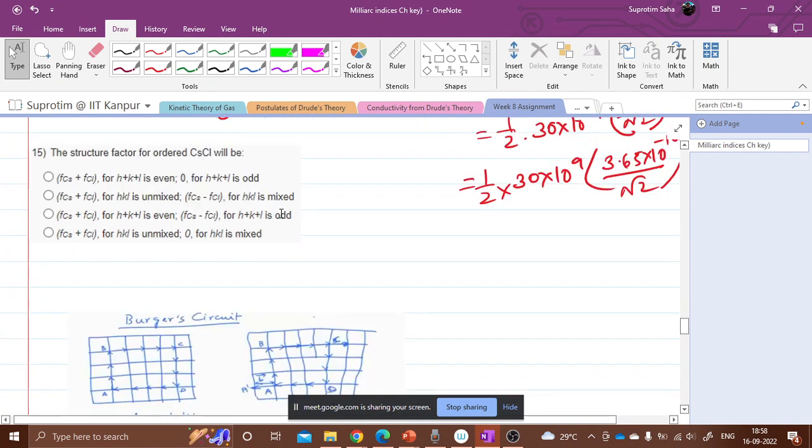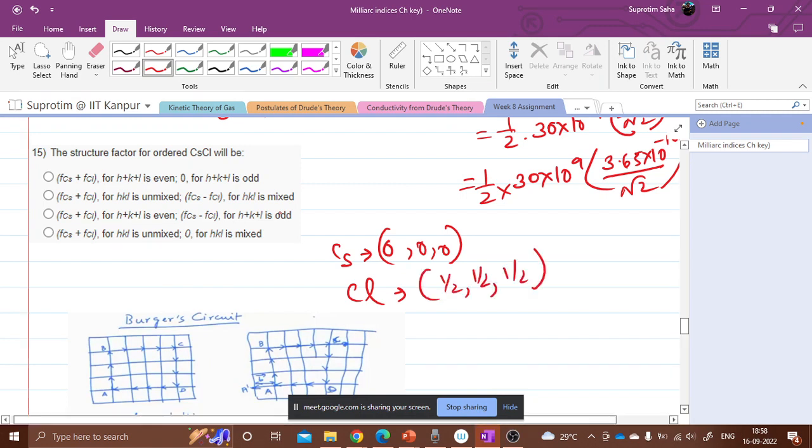The last question: the structure factor for ordered CsCl will be. CsCl is simple cubic, with cesium at 000 and chlorine at half half half.